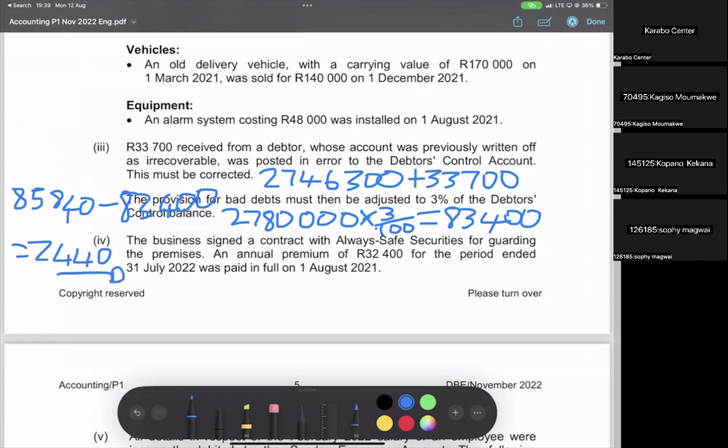So this is our provision for bad debts adjusted, 2,440.